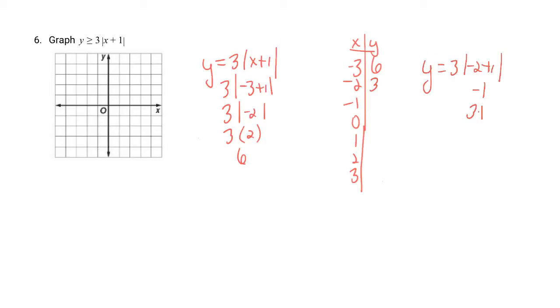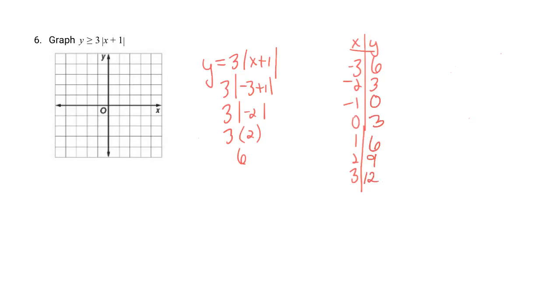We can do the same thing for -1. -1 plus 1 is 0 times 3 is 0. Put 0 in there. We get 0 plus 1 is 1 times 3 is 3. 1 plus 1 is 2 times 3 is 6. 2 plus 1 is 3 times 3 is 9. 3 plus 1 is 4 times 3 is 12.